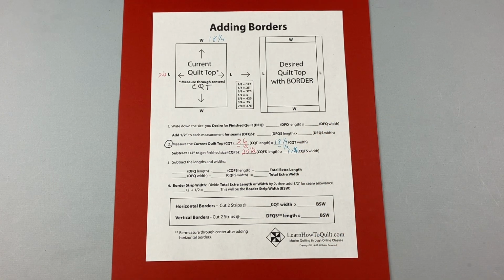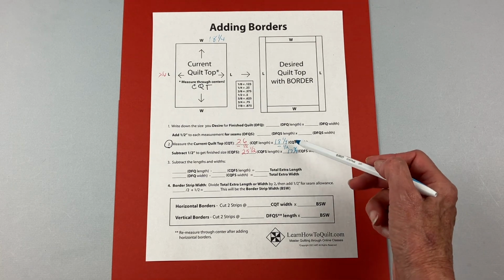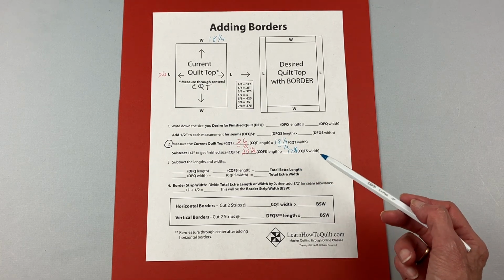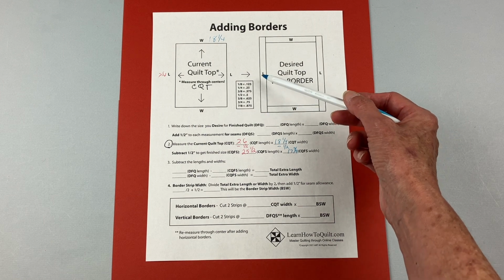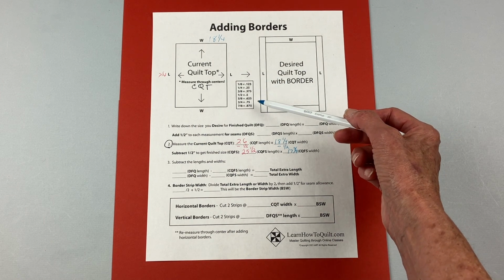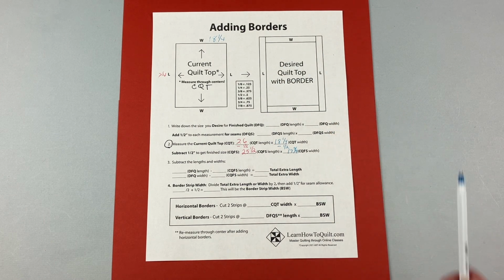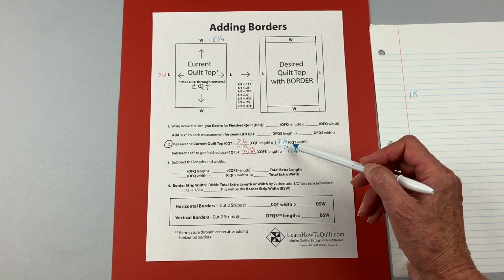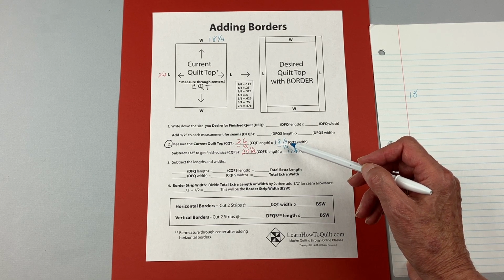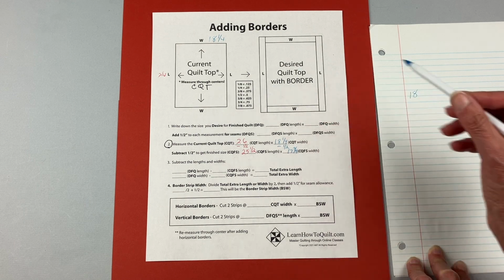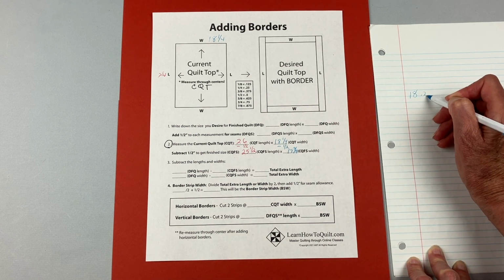If you're not sure about subtracting these fractions, then I've added a little conversion chart over here with decimals so you can use your calculator. So 18¼ inches, this 1/4 inch can be rewritten as 0.25.